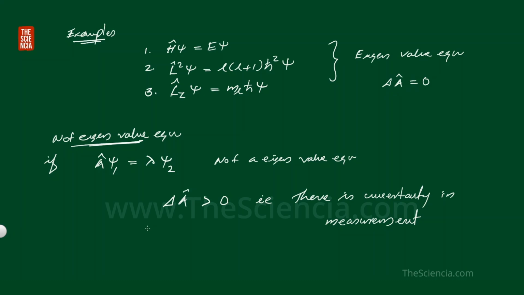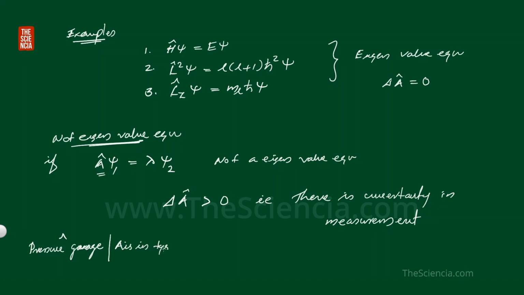I will tell you a classical analogy for a non-eigenvalue equation. Here I told you the operator is a measuring device. So I am taking a measuring device, that is a pressure gauge. This pressure gauge is the measuring device, that is the operator, right? So this pressure gauge is operating on the air in the tire.